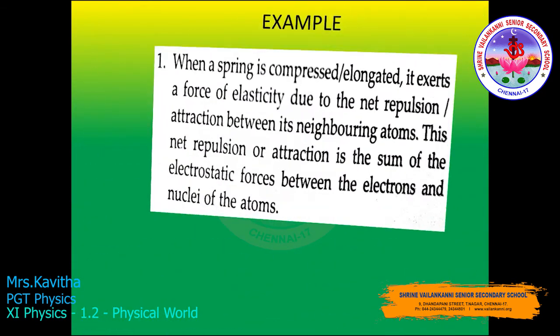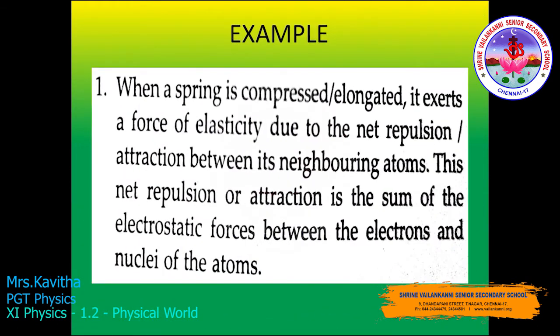Some of the examples: when a spring is compressed or elongated, it exerts a force of elasticity due to the net repulsion or attraction between its neighboring atoms. This net repulsion or attraction is the sum of electrostatic forces between the electrons and nuclei of the atoms.